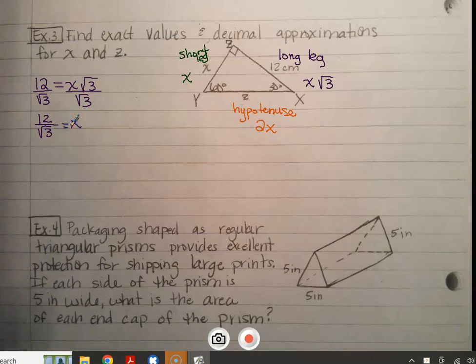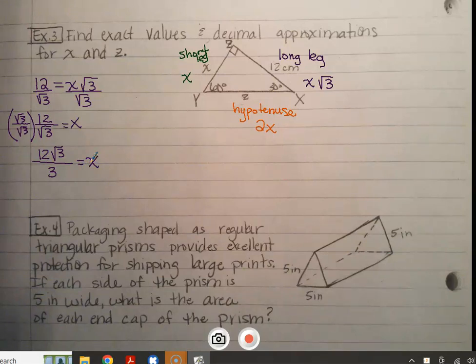Well, that's not very helpful necessarily, but if we multiply this by the square root of 3 over the square root of 3, then we're going to get 12 times the square root of 3 over, what's the square root of 3 times the square root of 3? Perfect, it's 3. So that equals our x. That's the exact value.